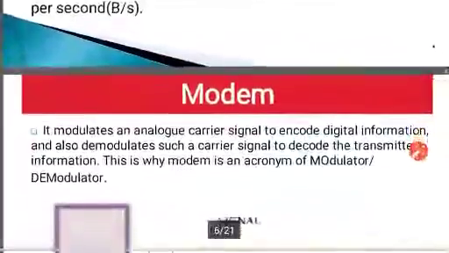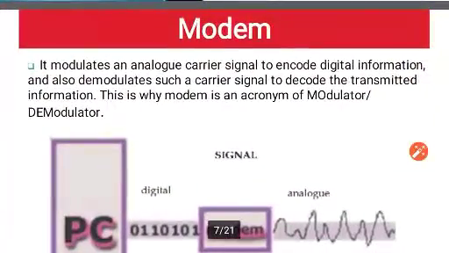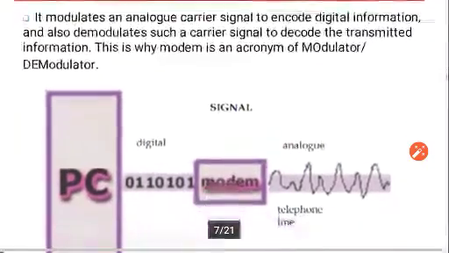We can also say it modulates an analog carrier signal to encode digital information and also demodulates such a carrier signal to decode the transmitted information, which I have already explained.